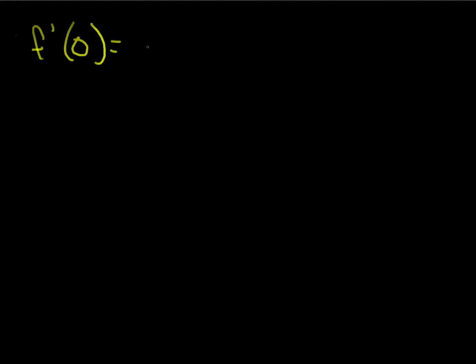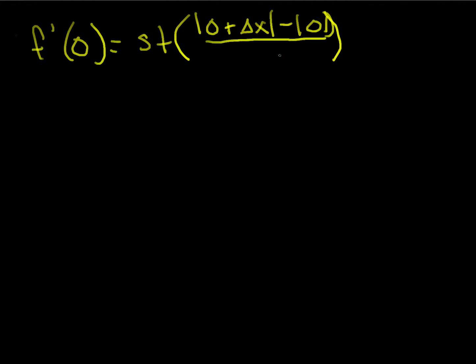Well, if x equals 0, we're looking at f prime, if it exists, which actually we're going to see it doesn't. f prime of 0 is the standard part of the absolute value of 0 plus delta x minus the absolute value of 0, all divided by delta x, which is simply the standard part of absolute value of delta x over delta x.